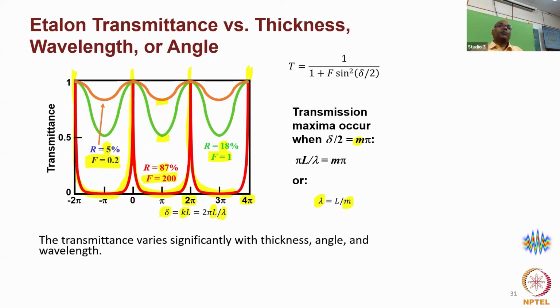I could also figure out ways to change the L. One way to change the L is to change the thickness. Maybe you can heat it, or you can apply some electricity if it's a piezo and use the piezoelectric effect to widen or stretch your medium if it has a good piezoelectric coefficient.